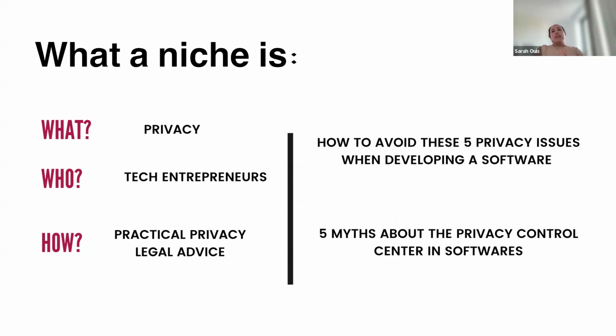As you can see here, once you've identified all of those criteria, the content becomes a lot more targeted. On the right-hand side, one piece of content that this particular lawyer could talk about is how to avoid 5 privacy issues when developing a software. Another one could be a myth about privacy controls. And I'm going to show you what happens when you just change one of the criteria.